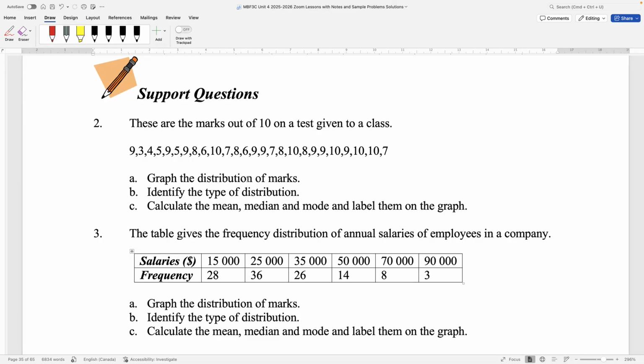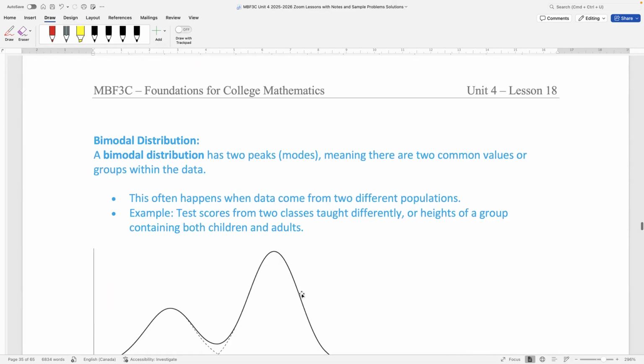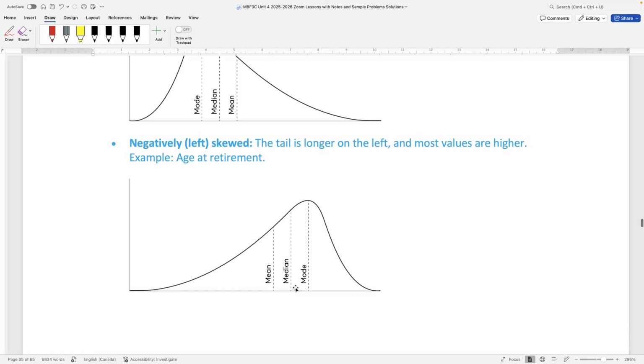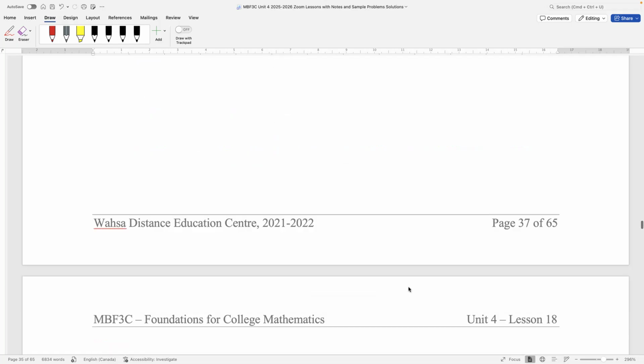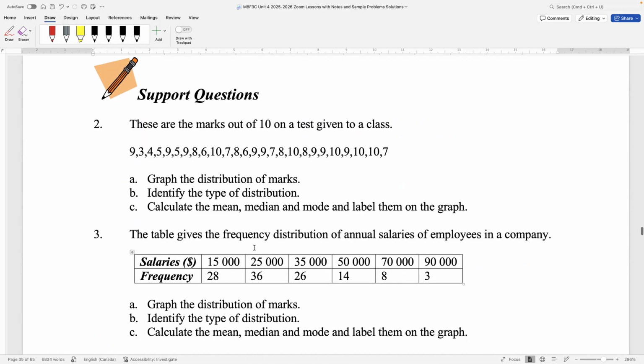Again, is it normal, right skewed, left skewed, or bimodal? Calculate the mean, median, and mode, and then label them on the graph. That would be doing something like we did with these examples here. There's the mean, there's the median, there's the mode. So plot it right here. You can pick it from here and then draw a vertical line to put them on the graph. That's what you have to do there.